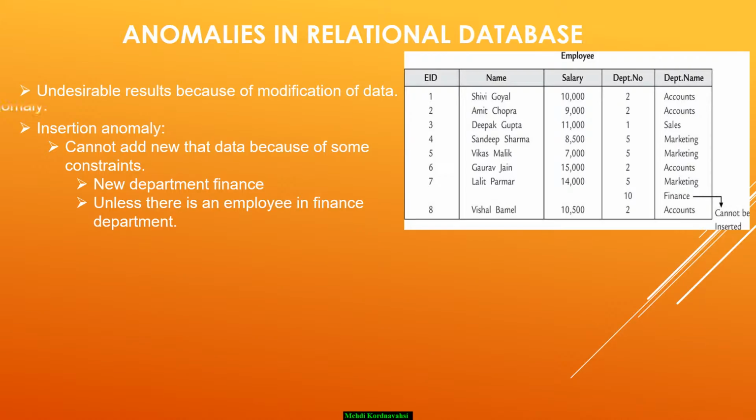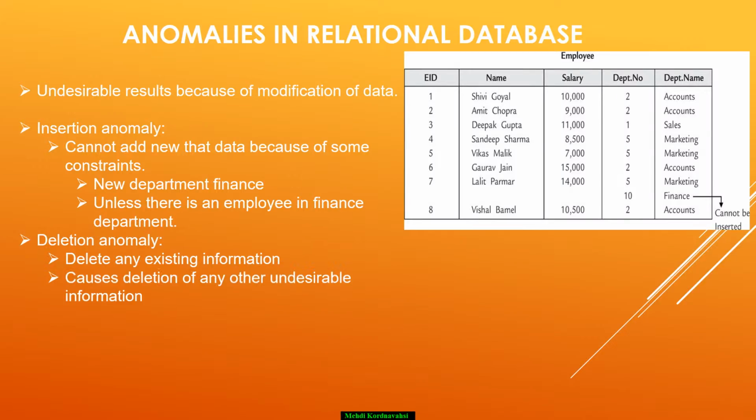The next anomaly is deletion. The deletion anomaly occurs when you try to delete any existing information from any relation, and this causes deletion of any other undesirable information.